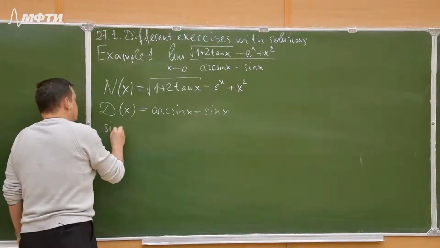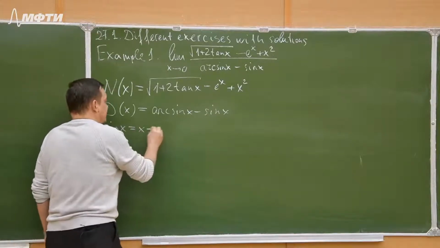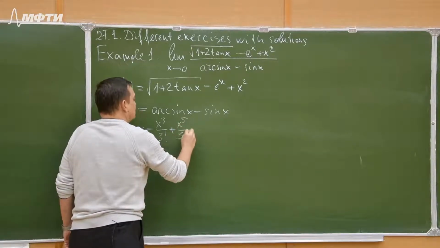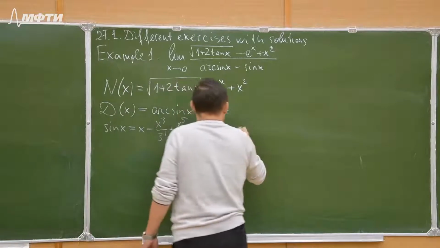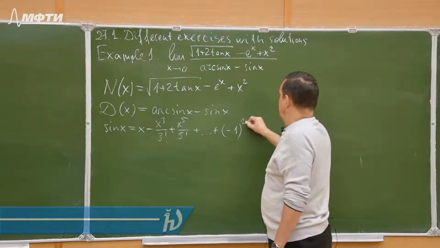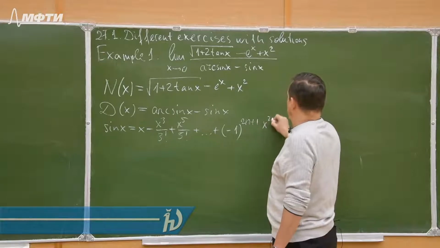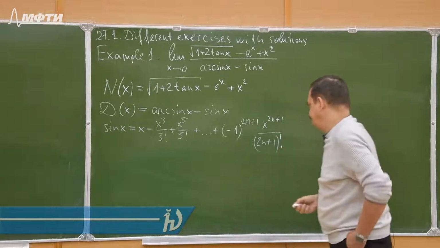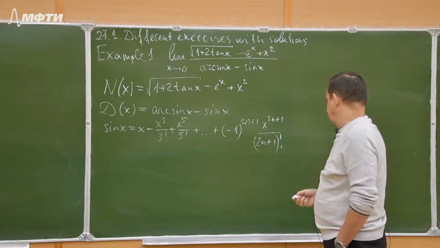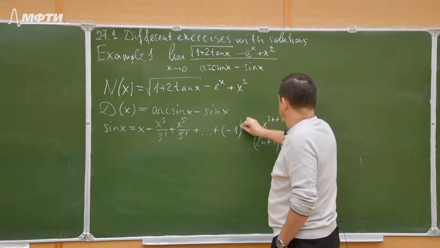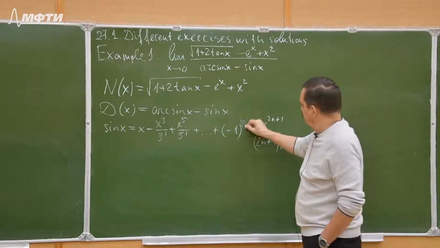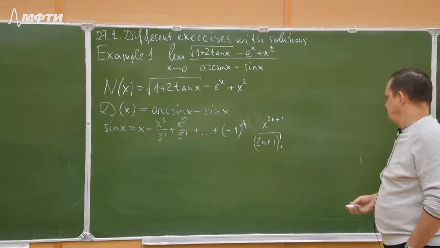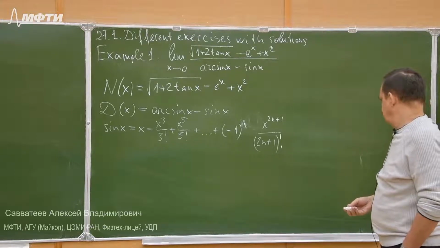I'll write the general expansion for sine x. For sine x we know the expansion is of that kind in general. Okay, I don't remember now what I used last time, either 2n minus 1 or 2n plus 1, it doesn't matter.